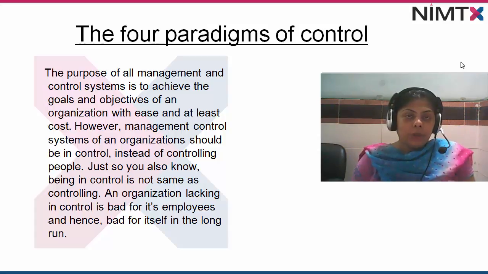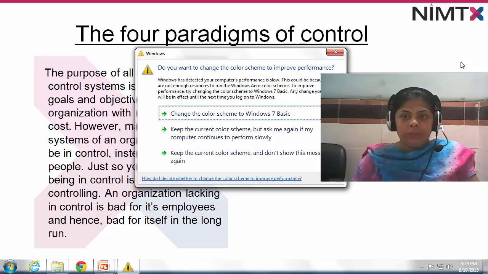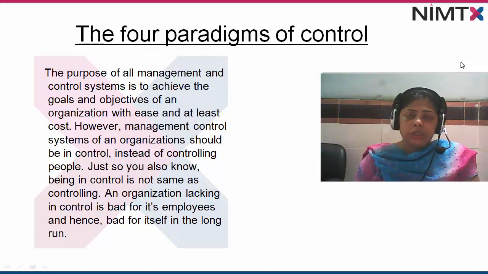So this is how the control system lowers the cost. However, management control systems of an organization should be in control instead of controlling people. You're controlling people, but you're not in control of your company. What happens? Nothing can be done about it. You can control a single individual, but you have to think big.